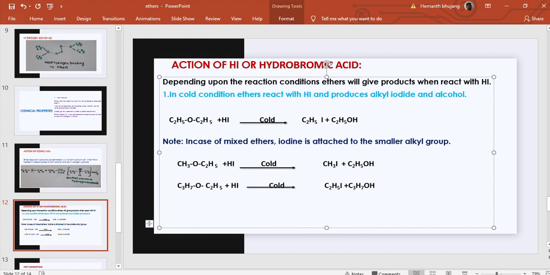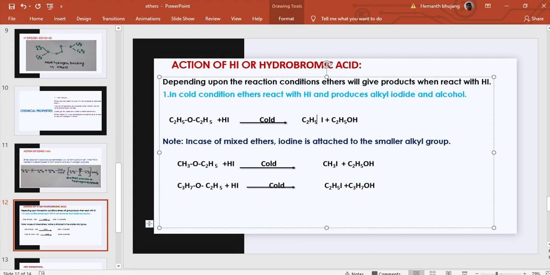But if I tell the rule, then everyone will write the same product. So what is that rule when we have mixed ethers? When we have mixed ethers, the smaller alkyl group should be named as alkyl iodide and the larger alkyl group always should be named as alcohol.